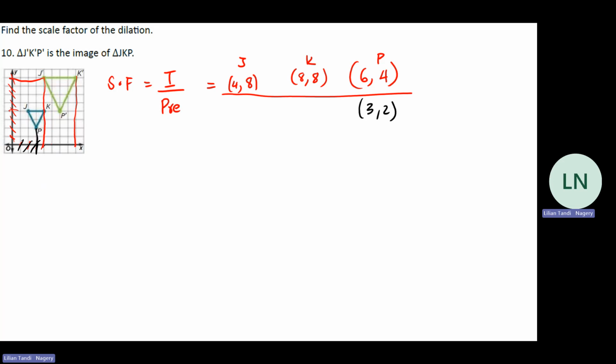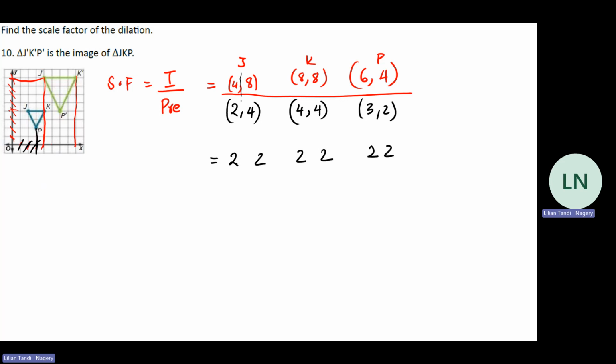K will be 4, 4. And then J will be 2, 4. Then if you divide, you will get 2, 2, 2, 2. So your scale factor is 2.